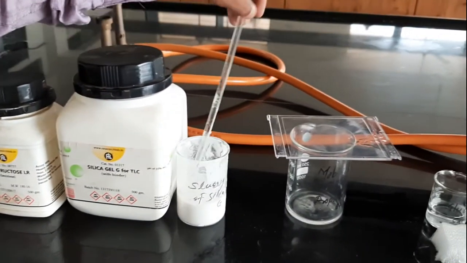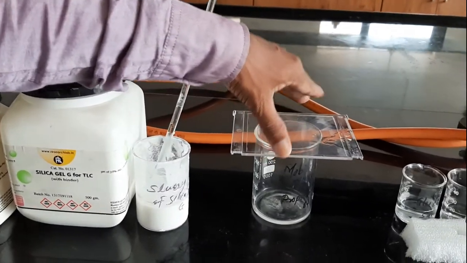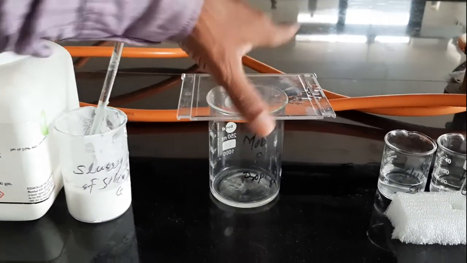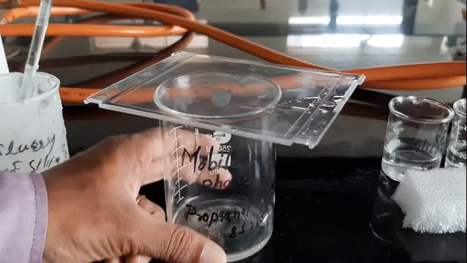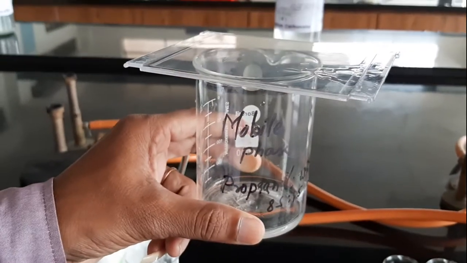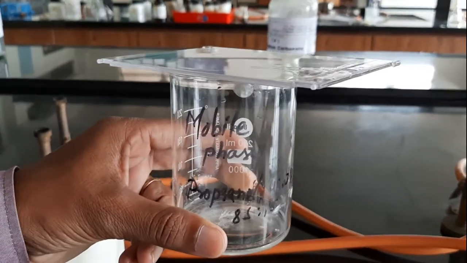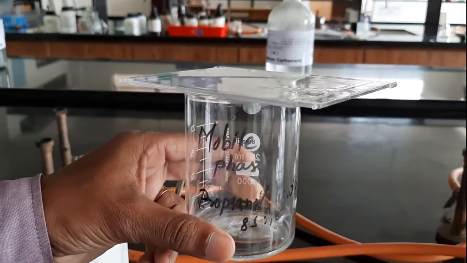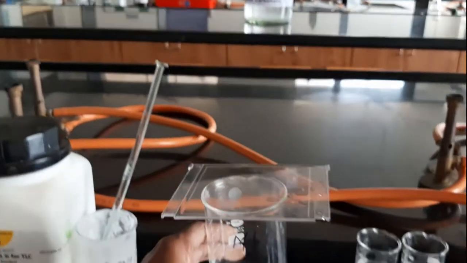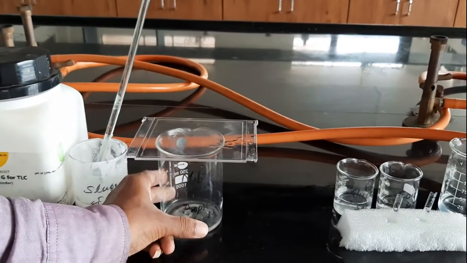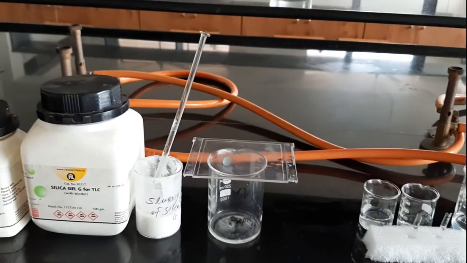We also require a mobile phase in thin layer chromatography. Here we are using a mobile phase of propanol and water in an 85 to 15 ratio, which we have already prepared.